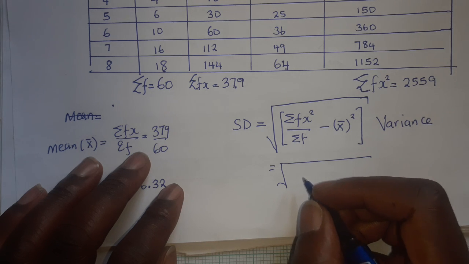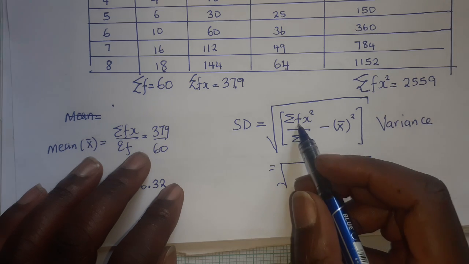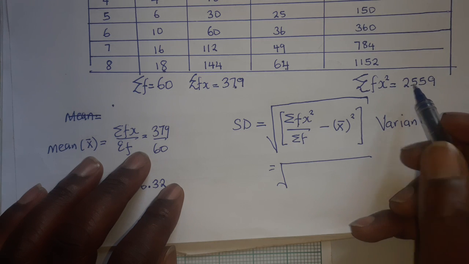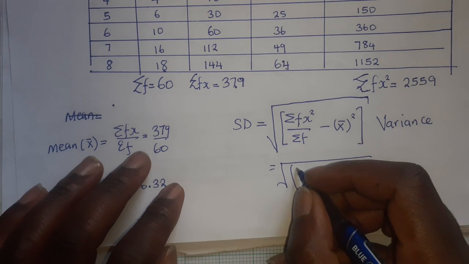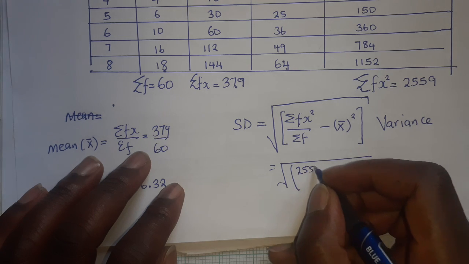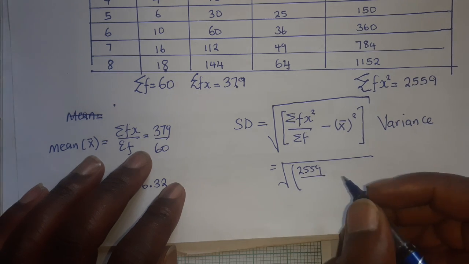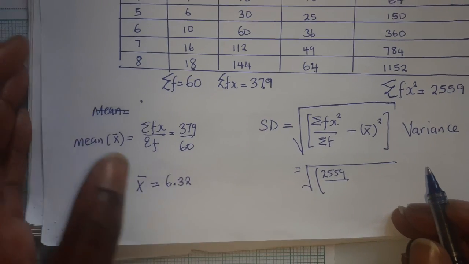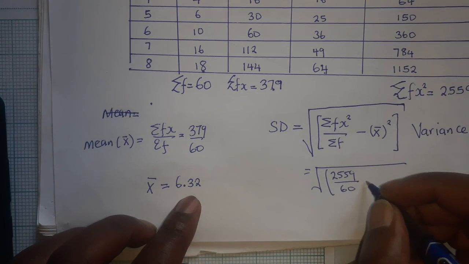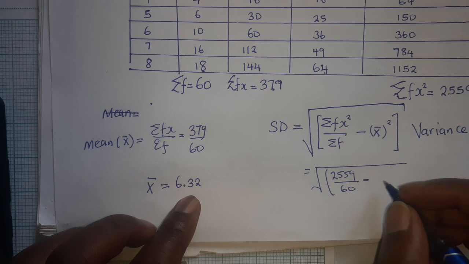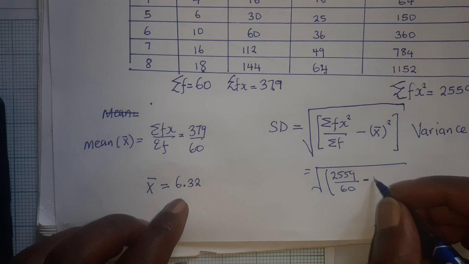What are we getting here? This part, we already got it here, so we are just getting the figures. What do we have? We have 2,559 divided by the summation of f, 60, minus x bar. What did we get?